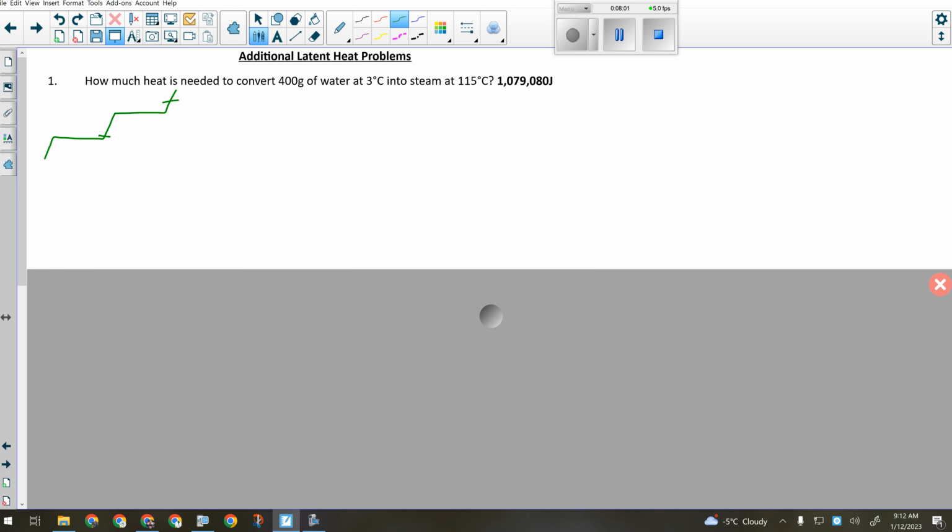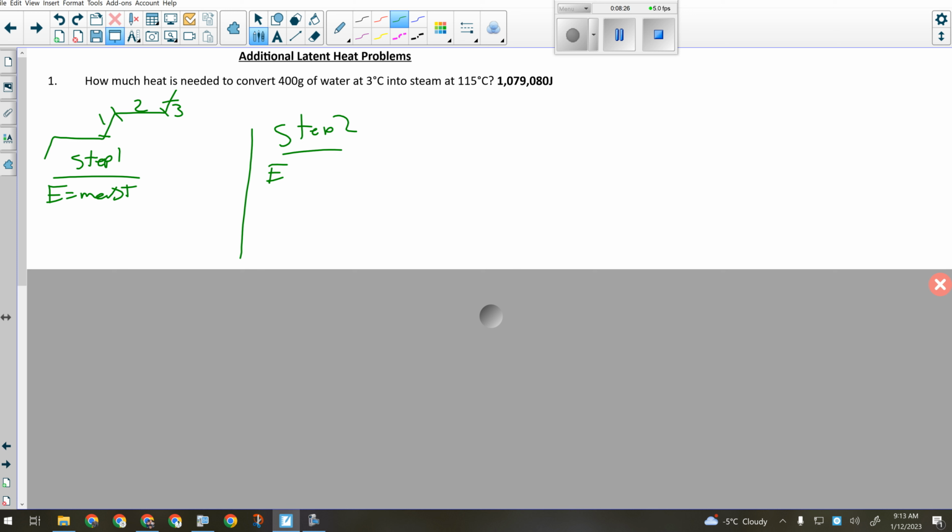So, what we have to remember then is what happens at each step. In step 1, I'm changing the temperature of liquid water, which means I would be using this formula, E equals mc delta T. In step 2, I'm going to be boiling off all of that water.